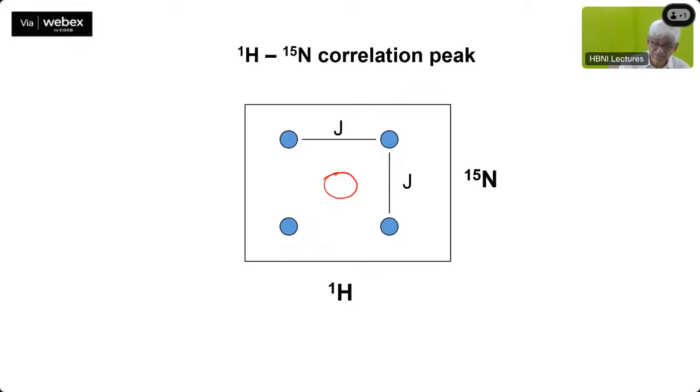Now, in large systems and at large spectrometer frequencies, all these 4 components do not have the same intensities. They have different intensities. The reason is these are governed by different relaxation processes. There are 2 relaxation phenomena, as I mentioned: dipole coupling relaxation and chemical shift anisotropy relaxation.